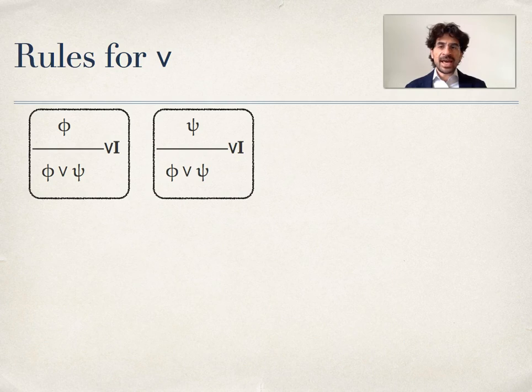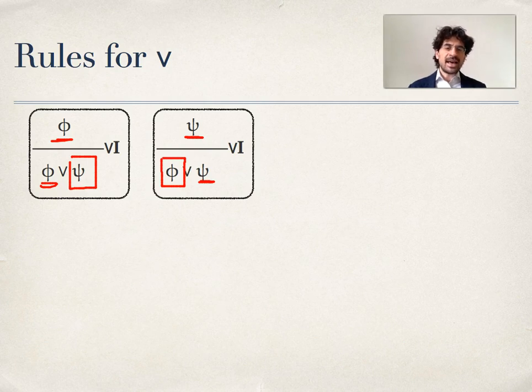In one case, we have derived phi, and we repeat phi in the next line, and then we add any other additional formula on the right-hand side. The second variant is such that we have derived an arbitrary formula psi, and we repeat it here, and then we can add any other formula, call it phi, on the left-hand side through the disjunction.